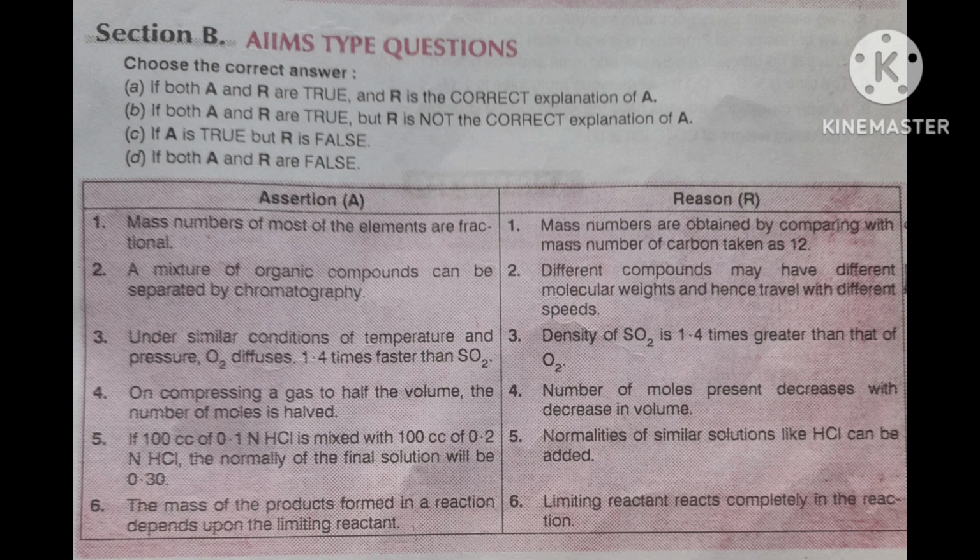Here, option D is correct. Means both statements are false. The statement was: if 100 cc of 0.1 HCl is mixed with 100 cc of 0.2 HCl, both are HCl, the normality of the final solution will be 0.30.